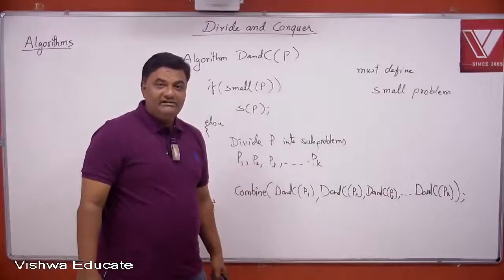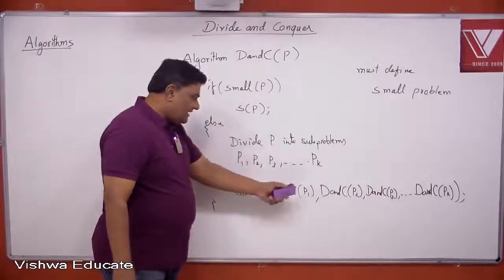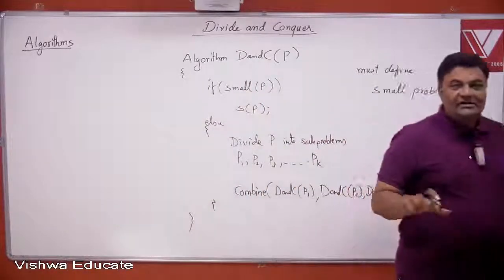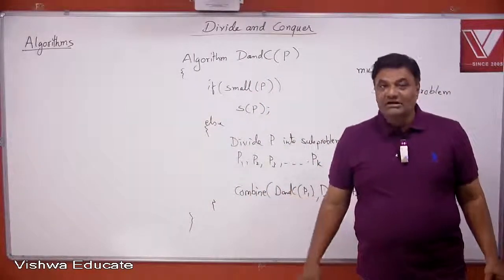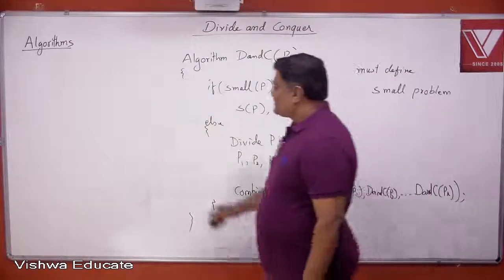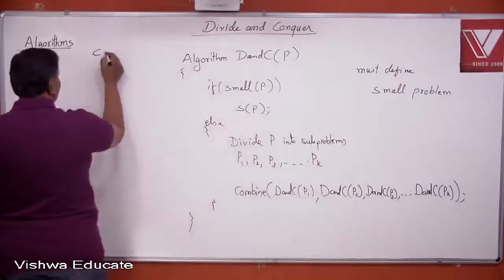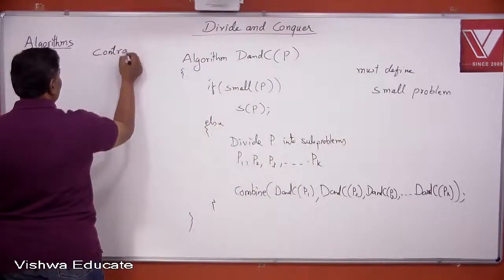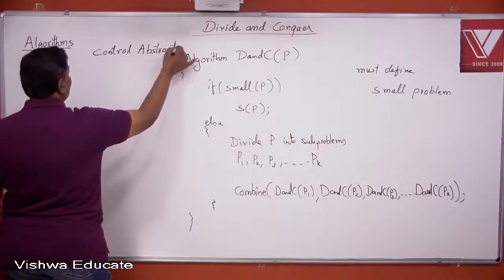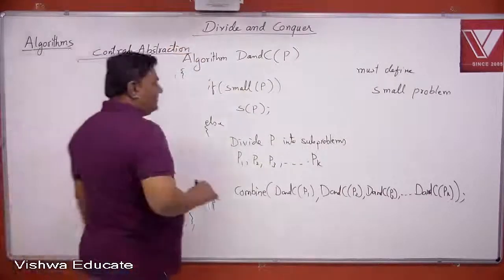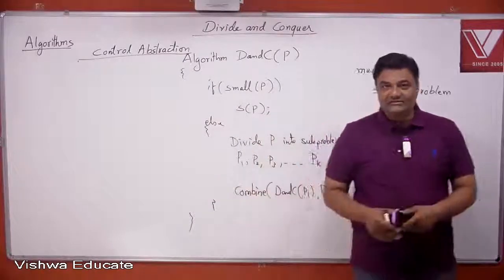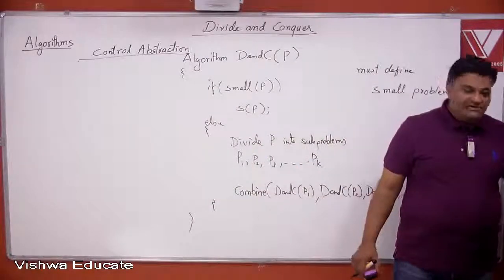So I already told you that it is recursive, and combine all their solutions. Take this. This is the general form of divide and conquer, or the control abstraction of divide and conquer. So what we have just now discussed in words, we have written algorithmically. Copy this, control abstraction.